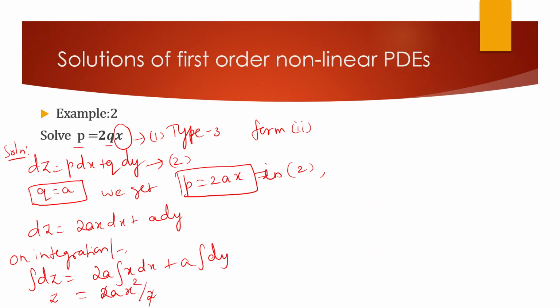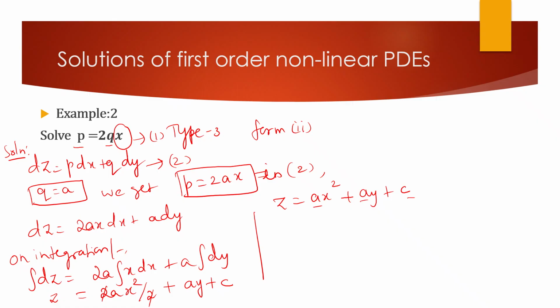So 2 gets cancelled here, plus a into y plus some constant c. That is z is equal to a x square plus ay plus c.